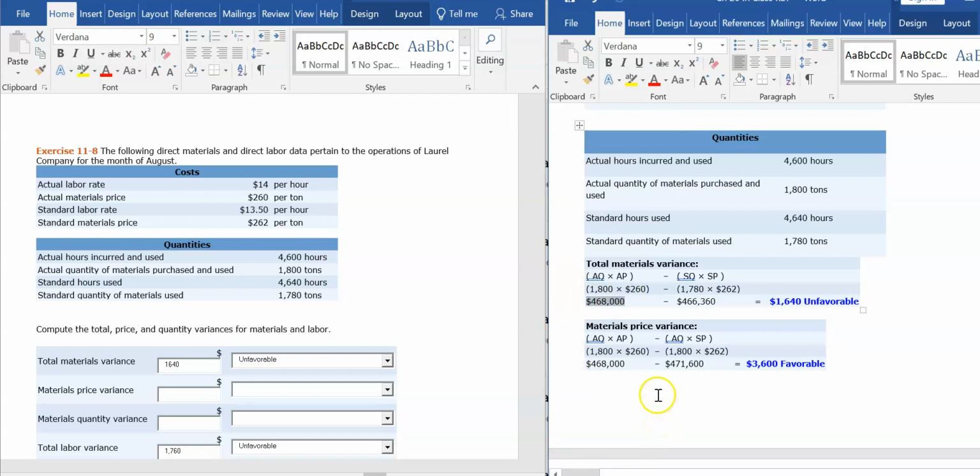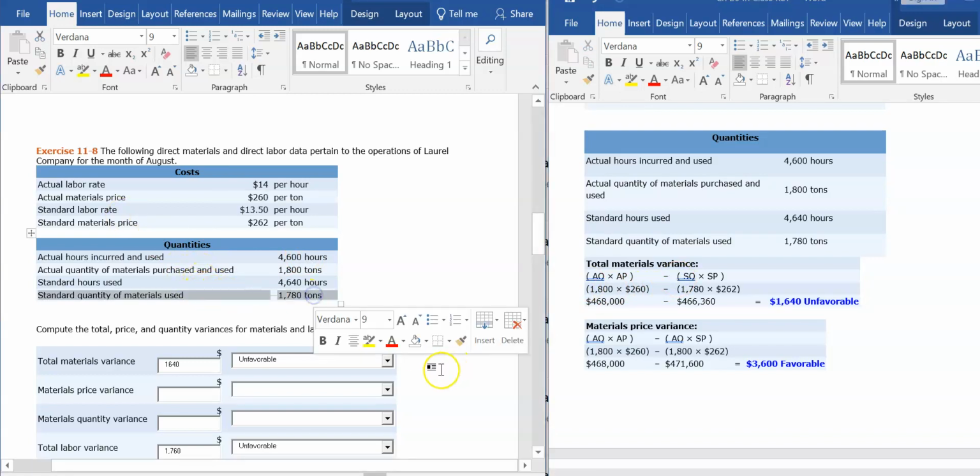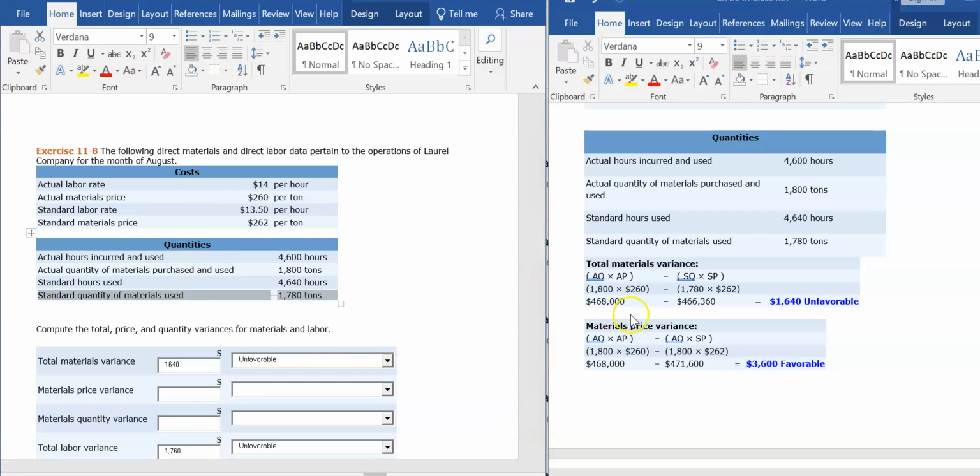To figure out what the variance is, I want to compare the total actual material cost to what the standard or budgeted cost says it should have been. So here I'm going to multiply the standard quantity of materials that should have been used, 1,780 tons, times the standard price that should have been paid for those materials, $2.62.